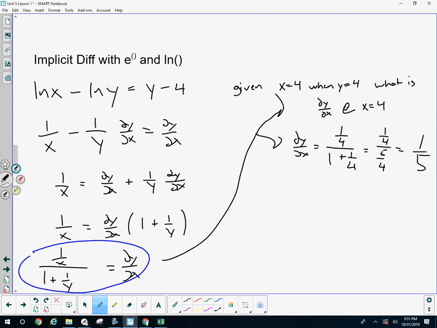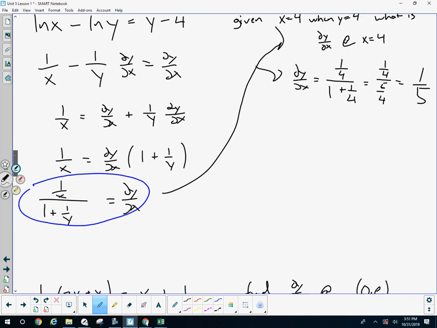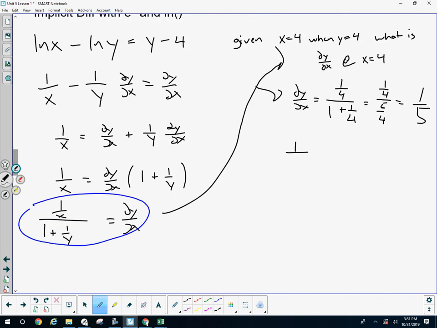So, how can we simplify 1 over x over 1 plus 1 over y? We could add these together by giving this a y over y. And you got y plus 1 over y, and then you can kind of flip and do that. That's totally fine. My instinct is to multiply the top and the bottom of this entire expression by y. It's just multiplying by 1.